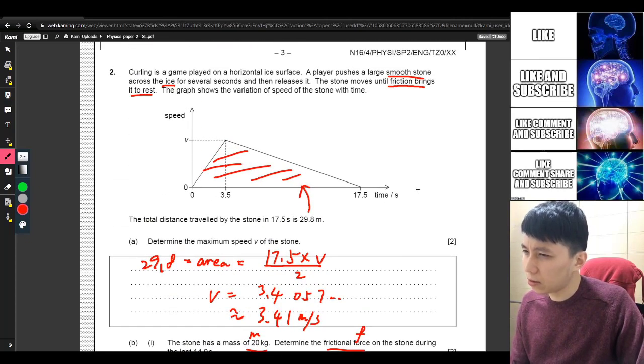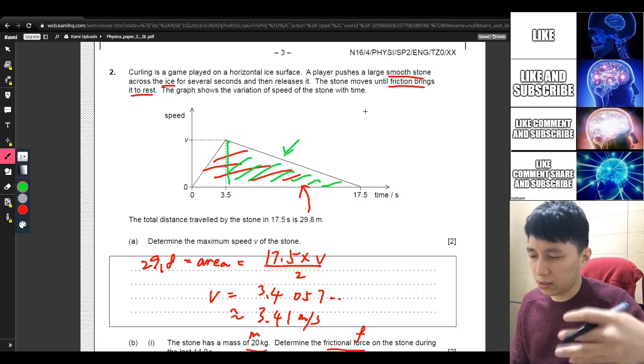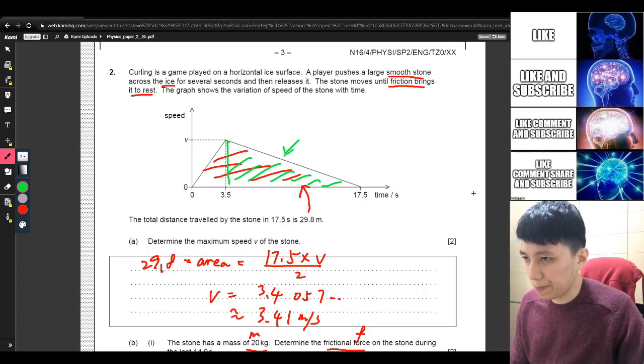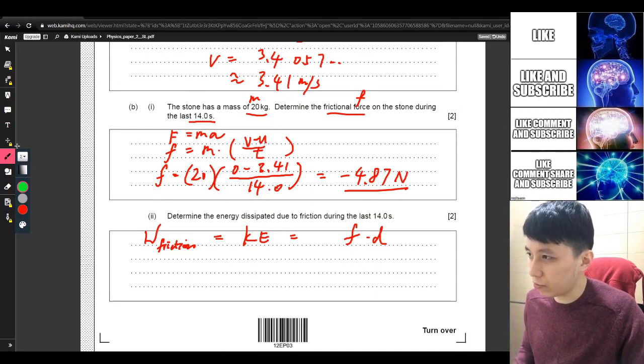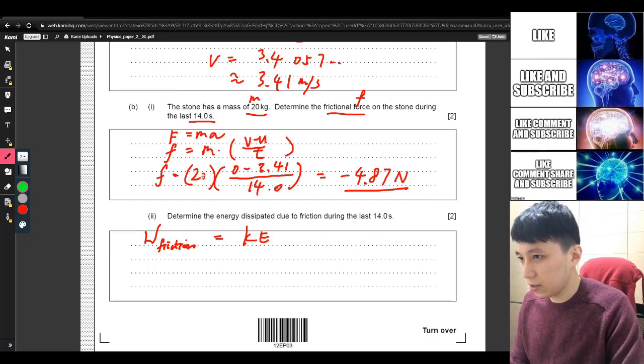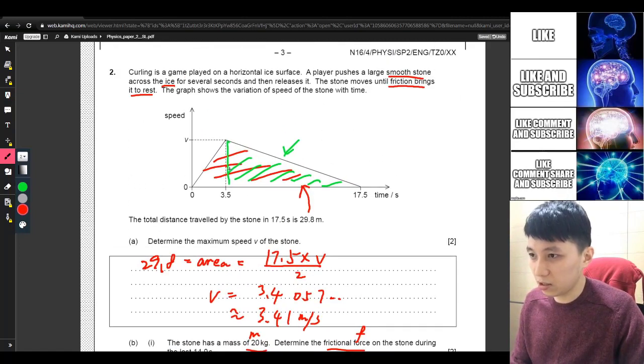I think that's okay, but then you have to evaluate the area of this, because this is the time when it decelerates. So you just have to calculate this, so that would work. But I think I would prefer doing KE simply, because that is supposed to be all the energy that you have initially.